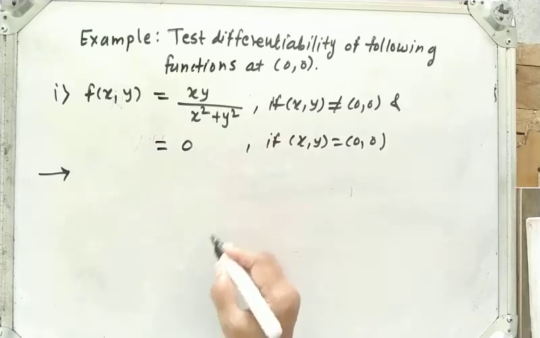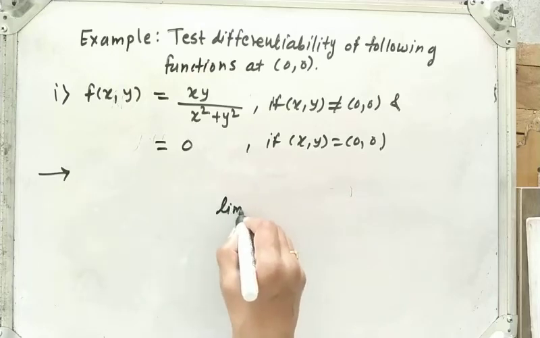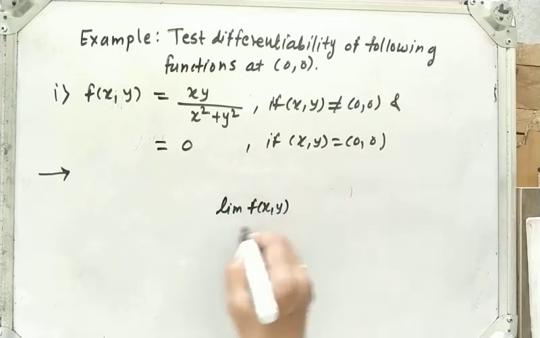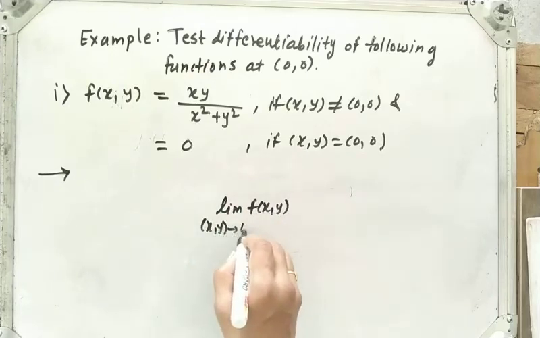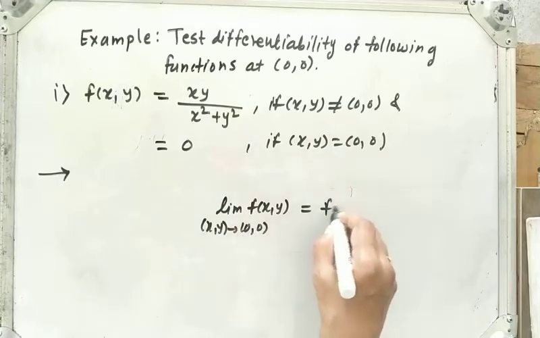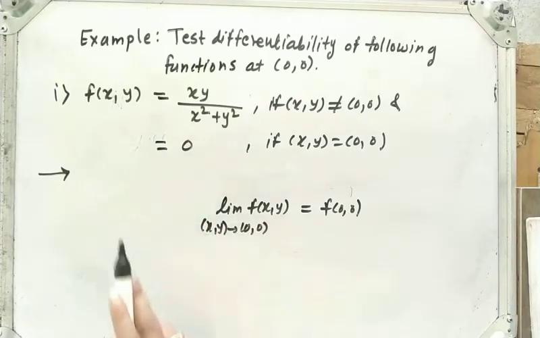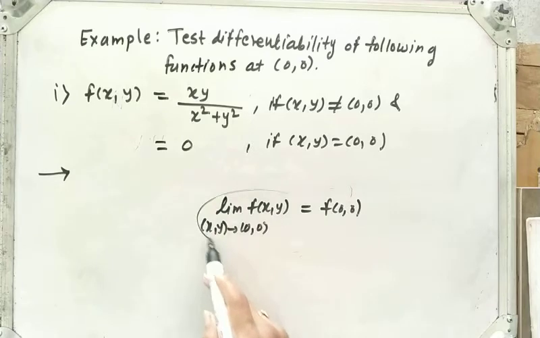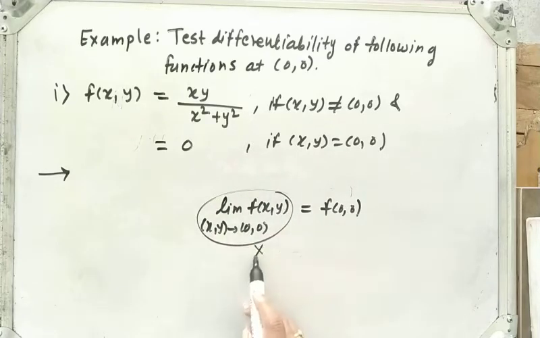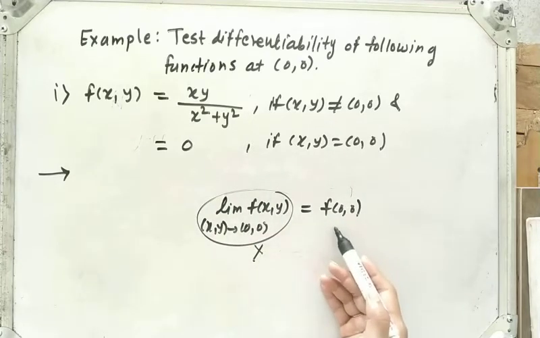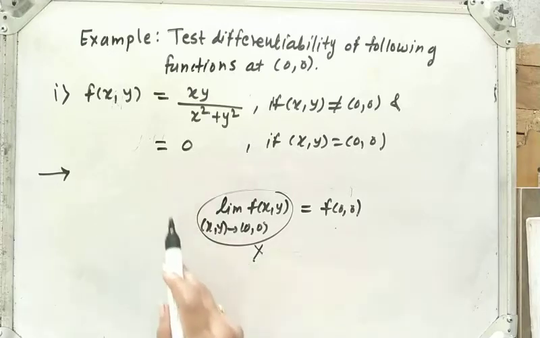Any function is continuous if limit of f(x, y) as (x, y) tends to (0, 0) is equal to f(0, 0), then we say that function f(x, y) is continuous at point (0, 0). Now this function is not continuous because this limit does not exist, so there is no question of equality. So this function is not continuous. Therefore we can see by note that as this function is not continuous, this function is not differentiable.